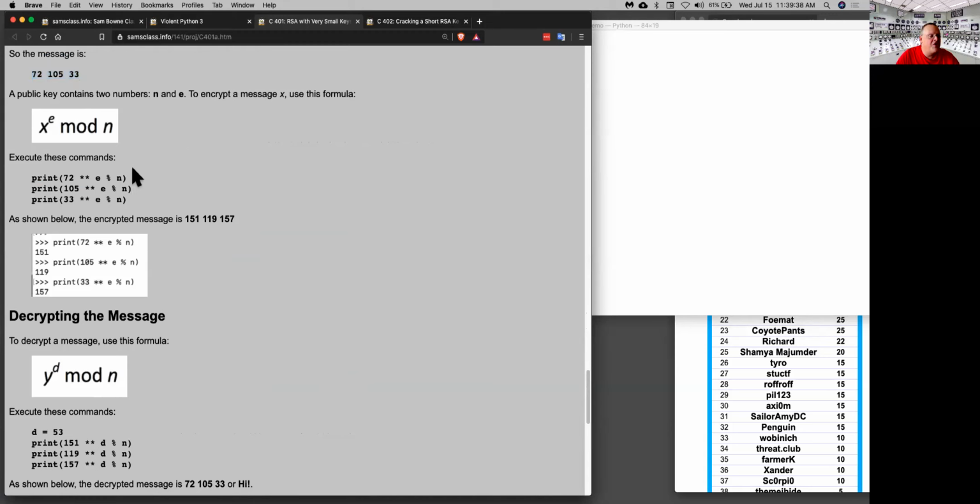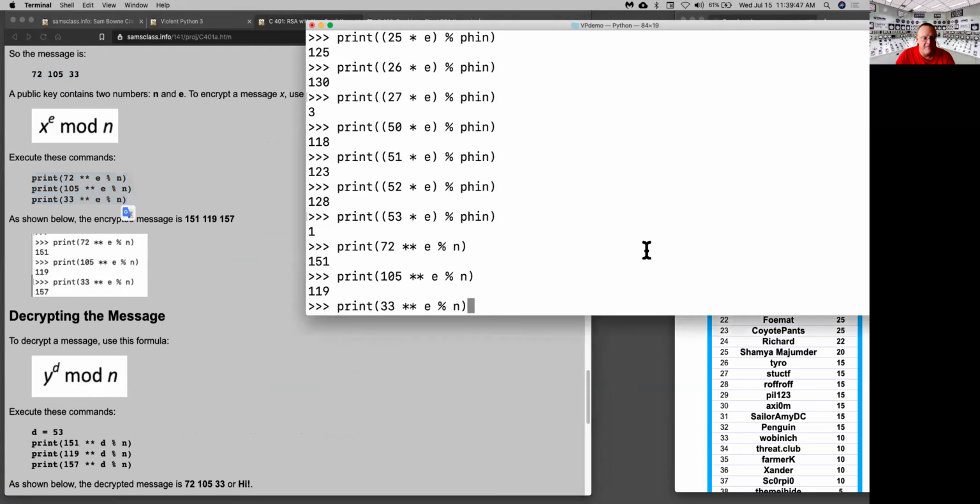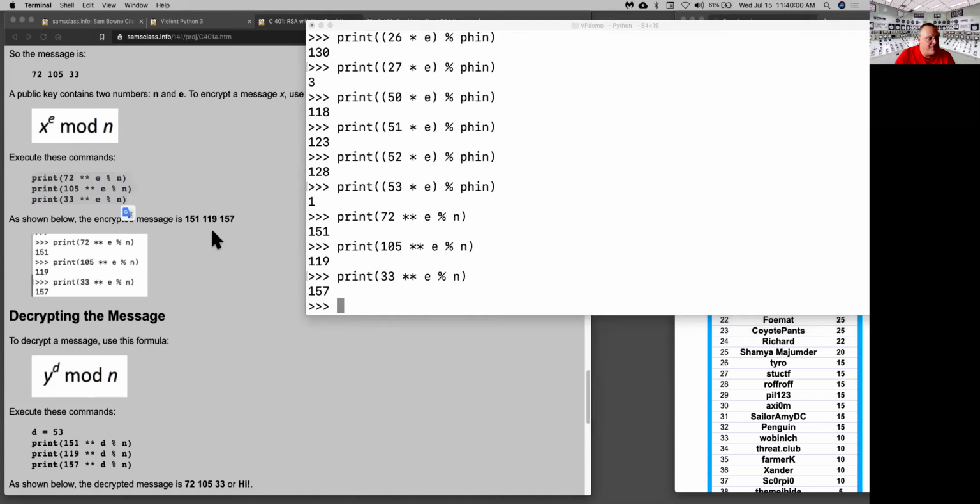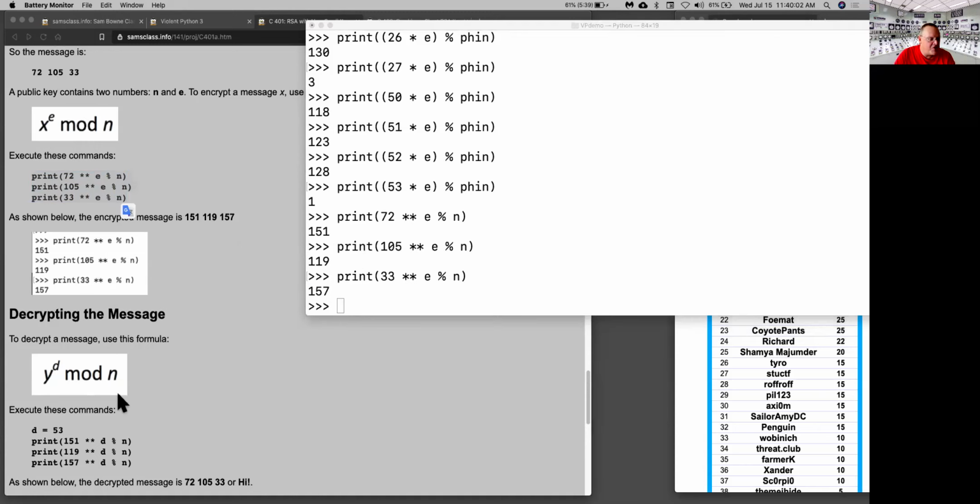And I just have to take those numbers to the E modulus N, which I can do this way. So this will do RSA encryption. So 151, 119, 157 is the encrypted version of "Hi!". And to decrypt it, X is the plain text, Y is the ciphertext, and D is the decryption key.